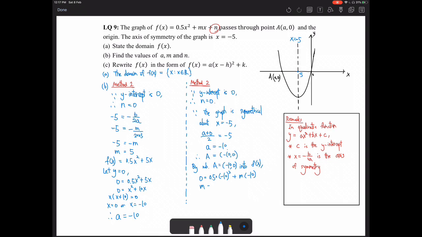Then we can find out m. So m will be 5 eventually. Okay, so this is method 2.